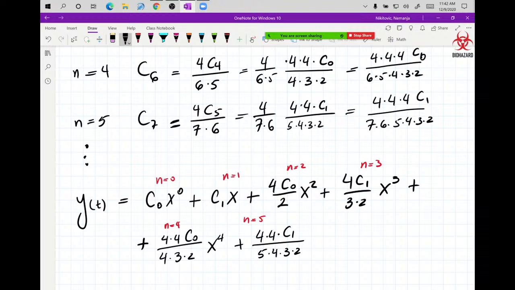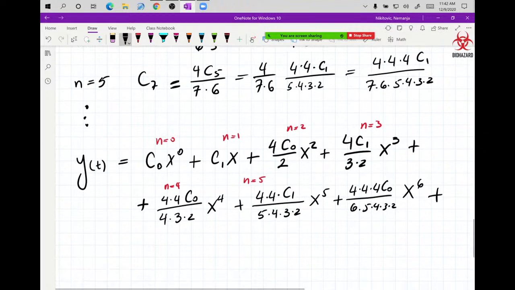And then we have x to the 5 plus, and now finally these two that we actually see in our view, which is 4 times 4 times 4 C0 over 6 times 5 times 4 times 3 times 2, x to the 6.